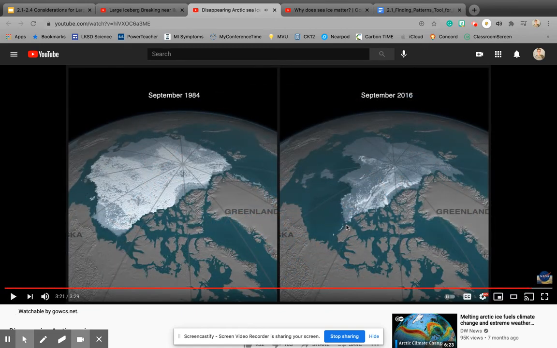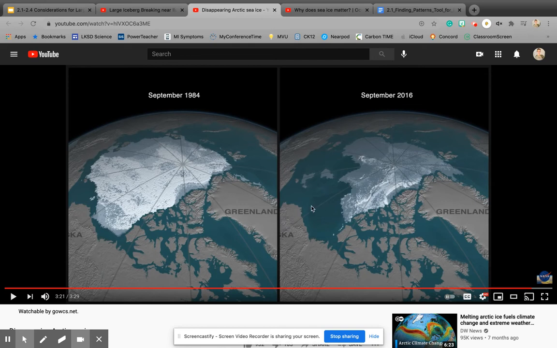So this Beaufort, what do they call it? Gyre, right? That's where we kind of retain a lot of that older ice, and it keeps moving, and we can bring in new ice that just formed and kind of mix it in with it and let it age a little bit. And that's how we can keep this polar ice cap living, right?